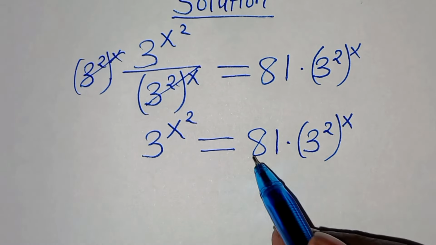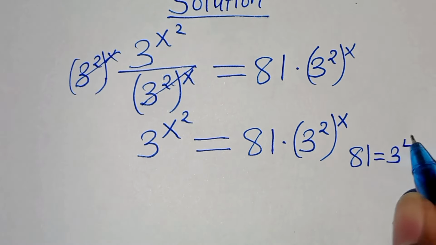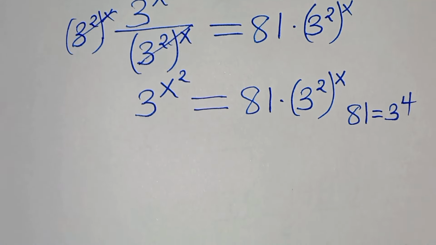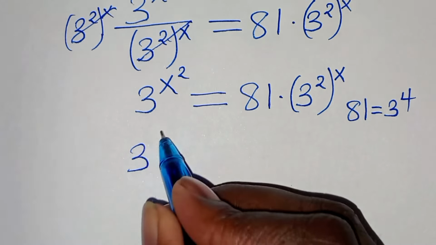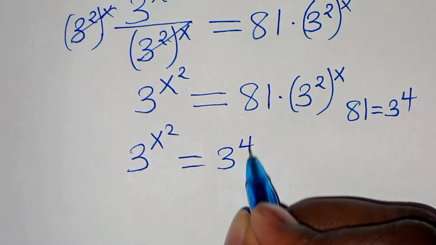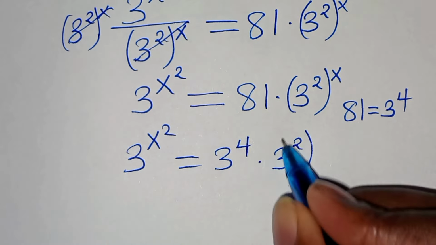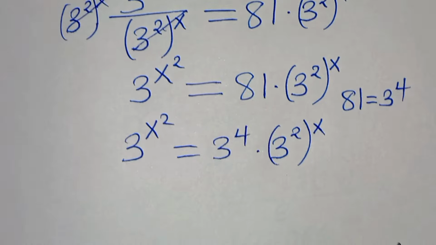We have that 81 can be expressed as 3 to the power of 4. So we have 3 to the power of x squared equal to 3 to the power of 4 multiplied by 3 to the power of 2 raised to the power of x.